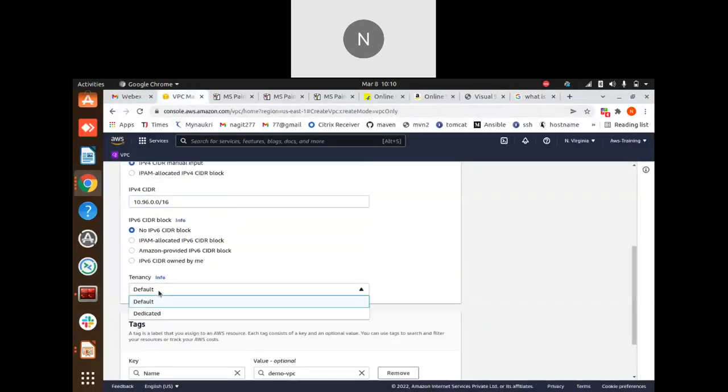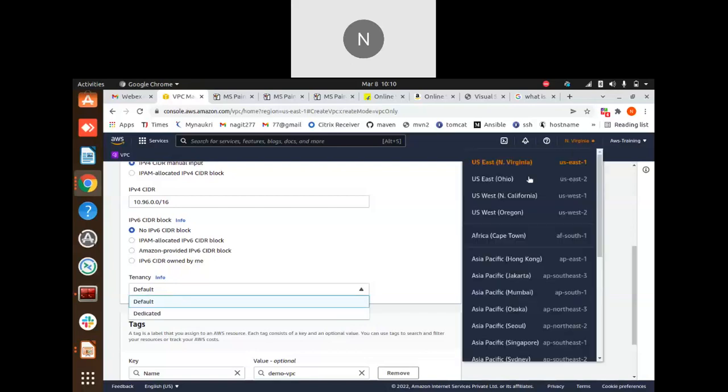And the tenancy means default and dedicated. Default means, as I was explaining earlier, we are in the North Virginia region, US East, and they have their data centers there.